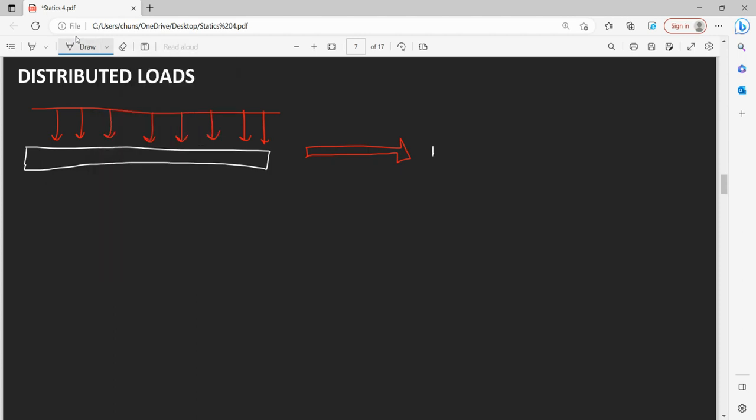So then this would look like just one force in the middle of our whole distributed load.